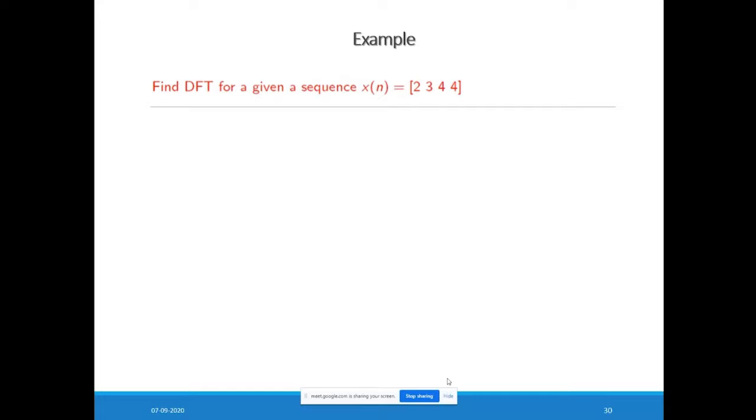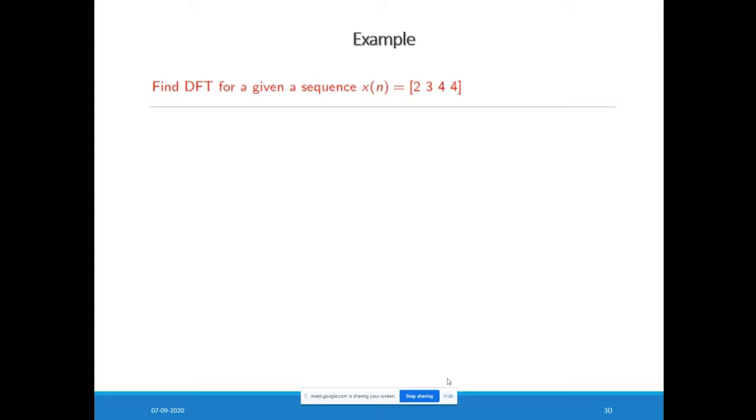Suppose this kind of statement is given, you have two options. Either you can solve using the previous method or you can utilize the Twiddle factor. But if it is specifically mentioned, then you have to go for the Twiddle factor. So find DFT for a given sequence x of n is equal to 2, 3, 4, 4.